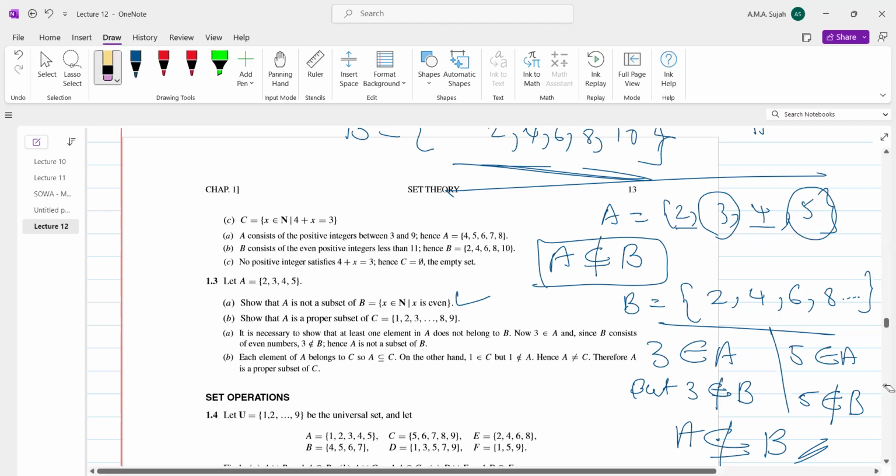Now they are telling us that A is a proper subset of C. What do you mean by proper subset? Tell me. Any volunteer to answer my question?